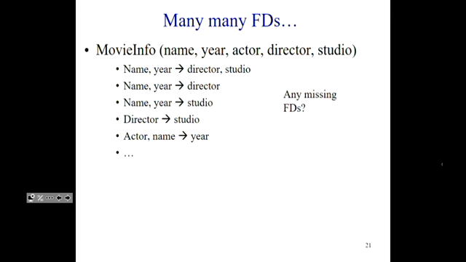So while it's certainly true that we've captured all of the requirements as functional dependencies, it doesn't hold true that we've captured all of the functional dependencies that hold in this relation. Right? Can you give me an example of a functional dependency that I've not listed but that holds?